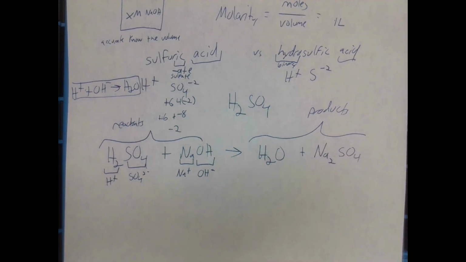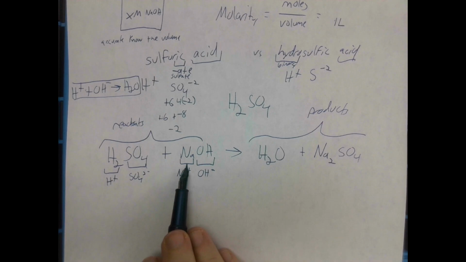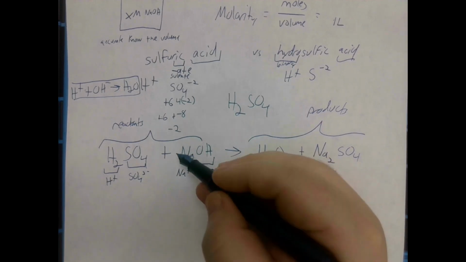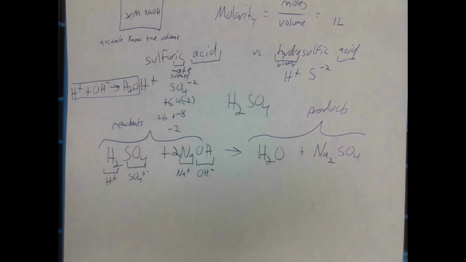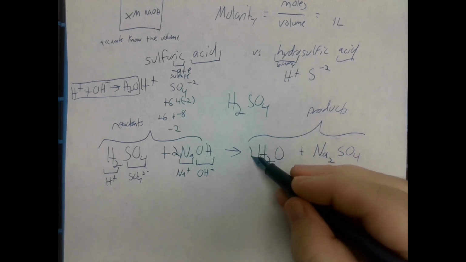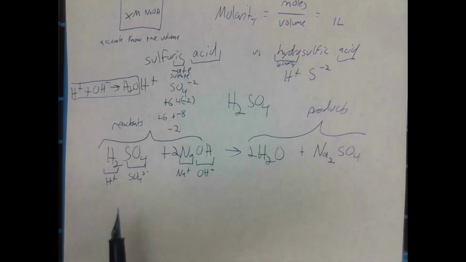So what would be the coefficients? I have 1 sodium here and 2 sodium there, so we can immediately double this up. We now have 1, 2, 3, 4 hydrogen on this side. 1, 2. We need to double that. So now we have 4 hydrogen, 4 hydrogen.